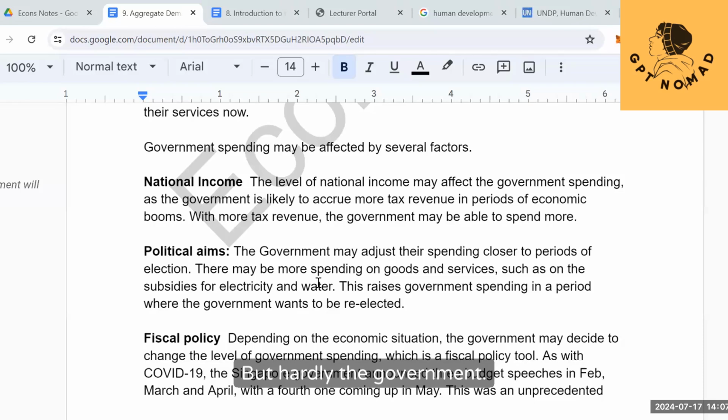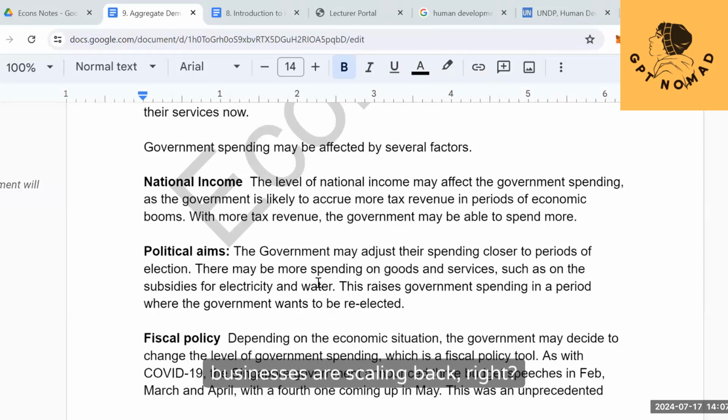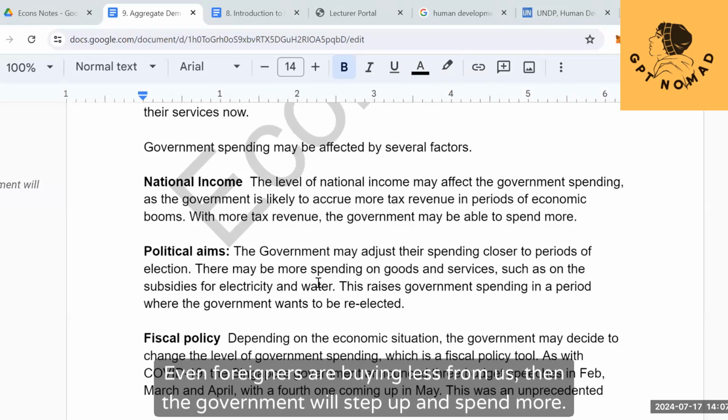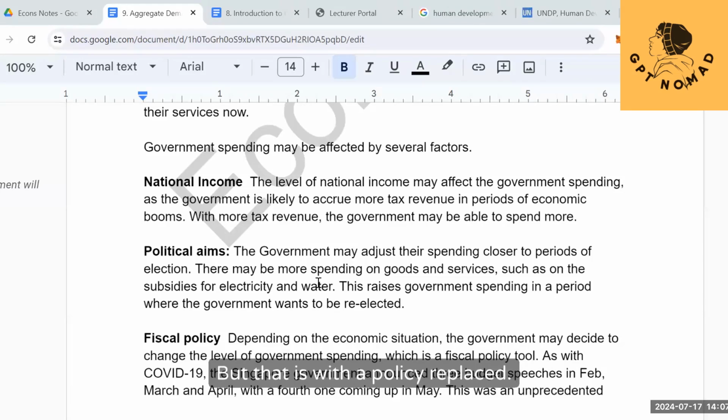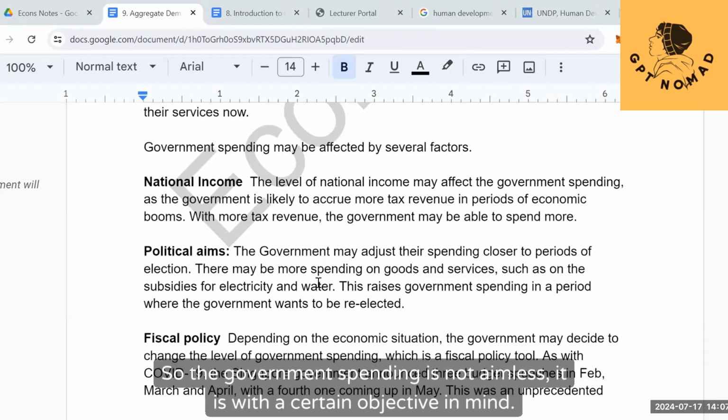But hardly the government. But during periods of crisis, right, when the consumers are reluctant to spend, the businesses are scaling back, right? Even foreigners are buying less from us, then the government will step up and spend more. But that is with a policy in place. Okay, so they are spending more to achieve certain objectives, right? So the government spending is not aimless, right? It is with a certain objective in mind.